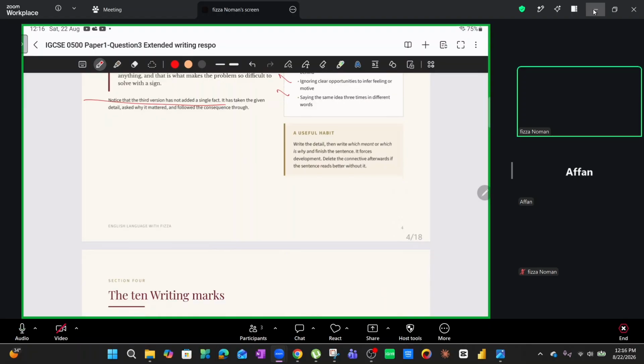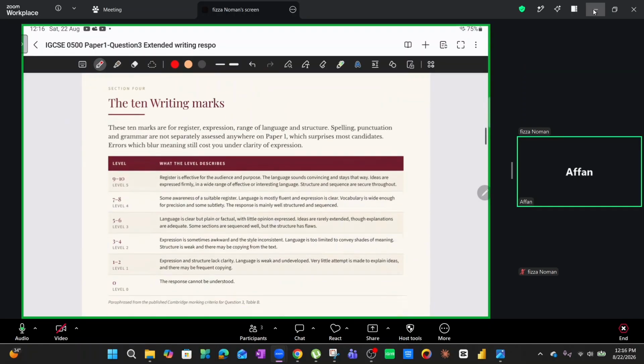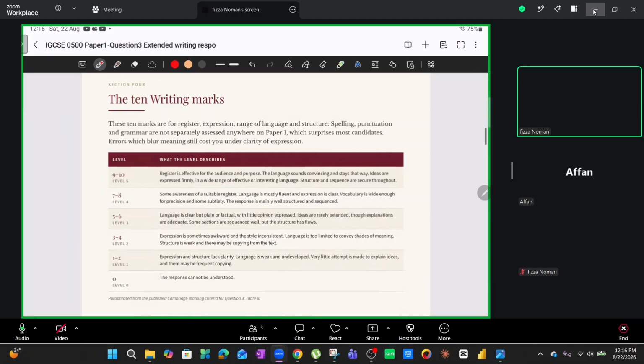Okay? Now we have the 10 writing marks. Now remember, we were focusing on the reading marks initially. And what is the total mark for this paper, for this question? Do you remember that? Not exactly. 25. 25, right? Do you understand? 25.